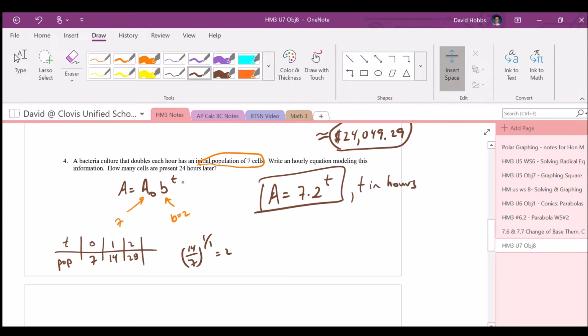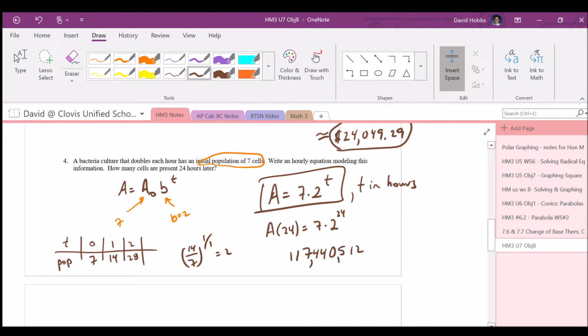How many cells are present 24 hours later? Well, we would be doing A of 24: 7 times 2 to the 24th. Shouldn't be that much, right? 2 to the 24th times 7. Oh, it's just a mere 117,440,512.